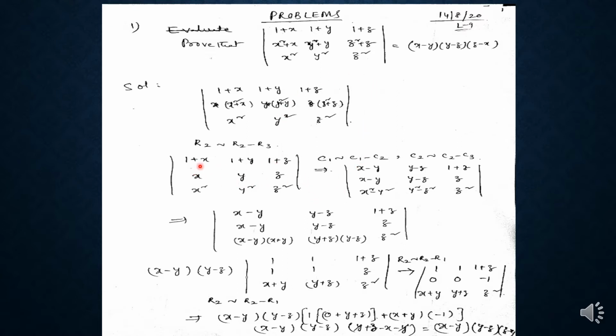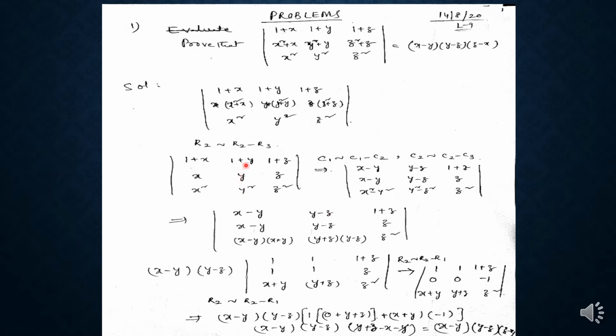Now changing column 1 as C1 minus C2, we are subtracting C1 and C2 and keeping the resultant terms in the first column. 1+x−1−y is x−y, here x−y, and x²−y².